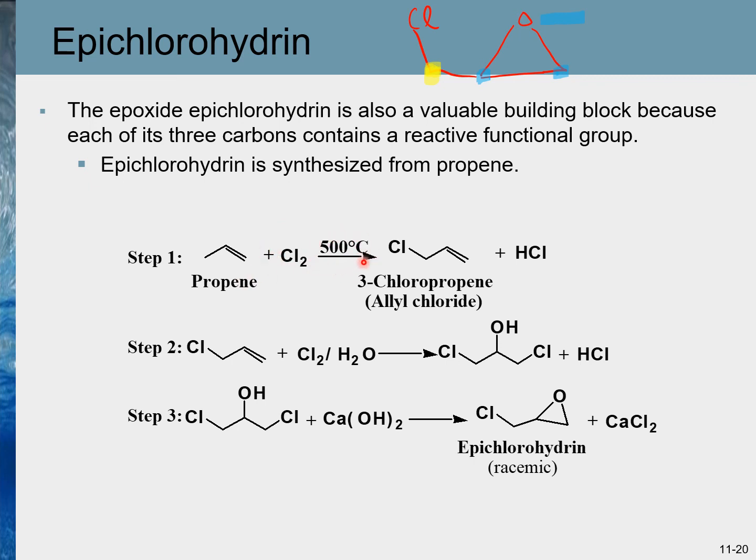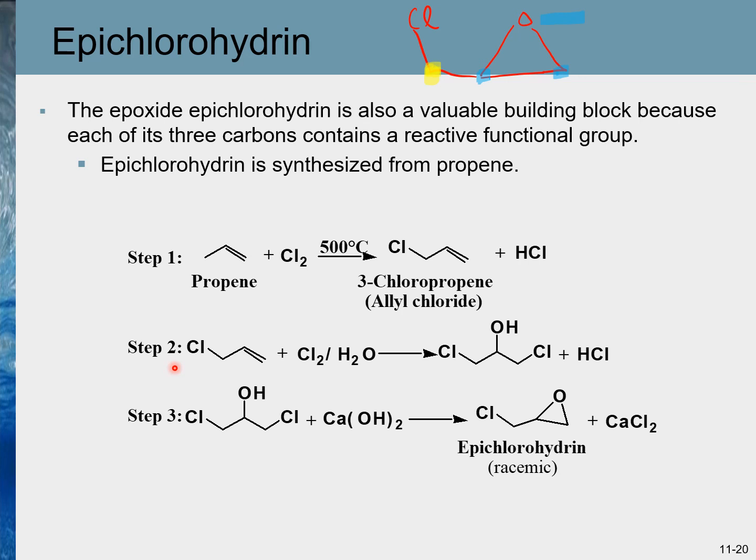This is a radical mechanism halogenation reaction, and at elevated temperatures such as 500 degrees Celsius, the product of this chlorination is not addition, but it's allylic substitution. The mechanism of this kind of reaction was discussed in chapter 8.